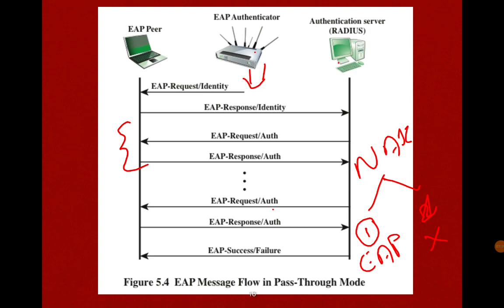If the peer does not agree, the authentication server may choose between two actions: either continue the EAP transaction or abort the transaction. If it chooses EAP, it has to send the request and obtain the response from the peer several times. After some predetermined number of times, EAP success or failure is indicated by the authentication server.